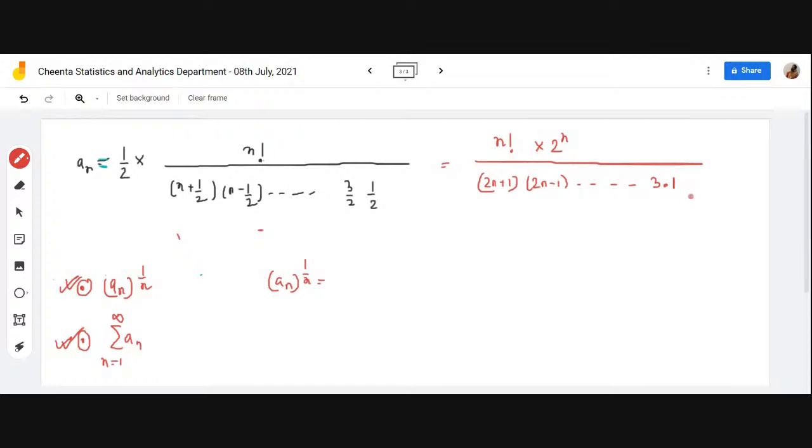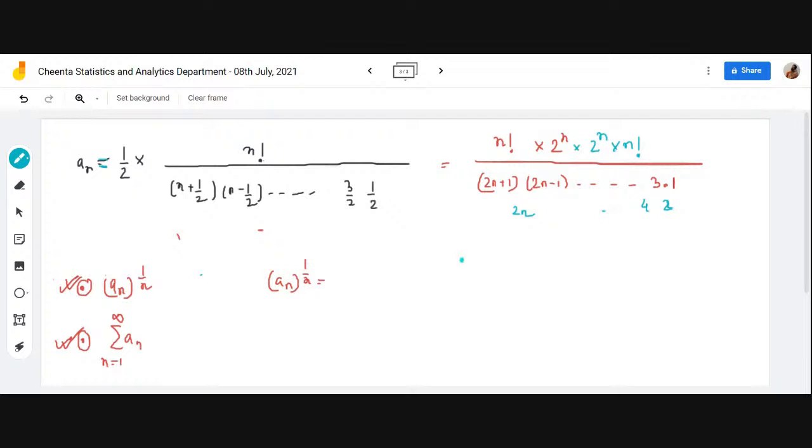And understand, if we now multiply these numbers, let's see what this interesting thing is. We multiply the even numbers 2, 4, dot dot till 2n. What will we get? We'll get 2 to the power n into n factorial.